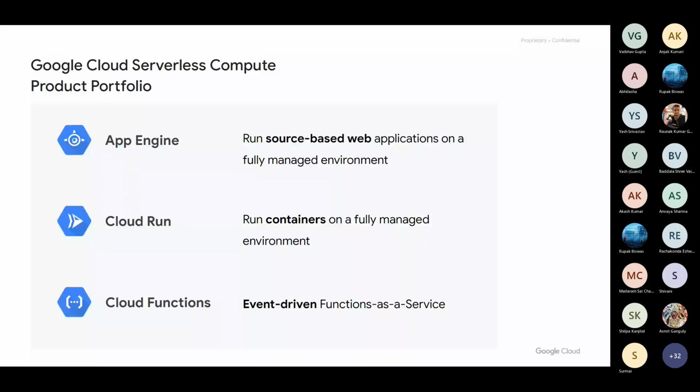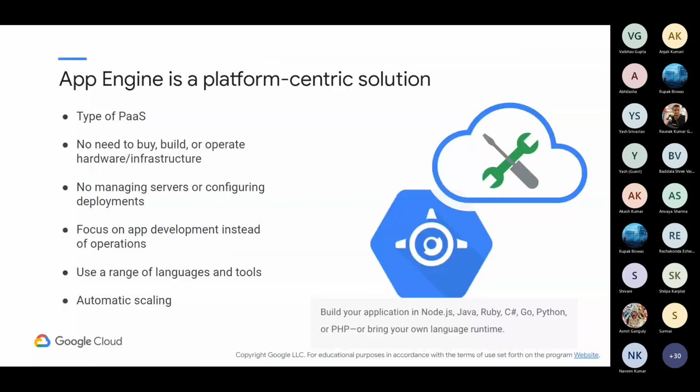So App Engine is a type of platform as a service. In this, as this is a serverless process, we don't need to buy or operate the hardware or infrastructure or anything. We don't even need to worry about the OS itself. We don't need to manage servers or configure the network requirements, security, etc. There is a wide range of languages and tools already installed in those machines, and it automatically scales.